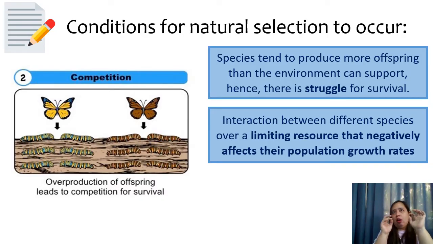It cannot give the needs of this number of population. In ecology, we call this the carrying capacity of the environment. Carrying capacity is the capacity of the environment to provide for the needs of every organism present in the area.